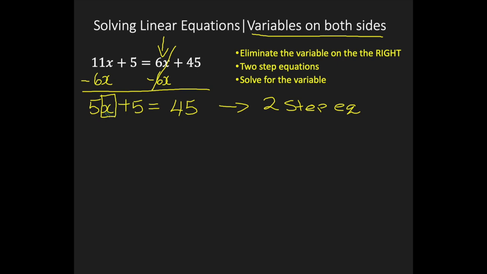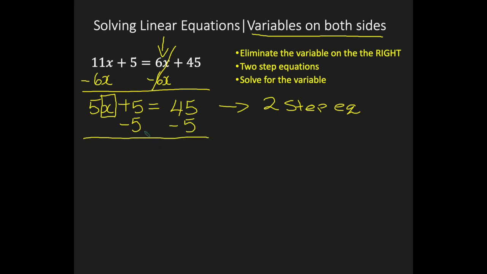That box lets me know I can't get rid of the 5 first. So this 5 will be the first to be eliminated. And to eliminate, we do the opposite. Because this is a plus 5, I'm going to do minus 5 on the left, and then on the right I'm going to put a minus 5 under the 45.